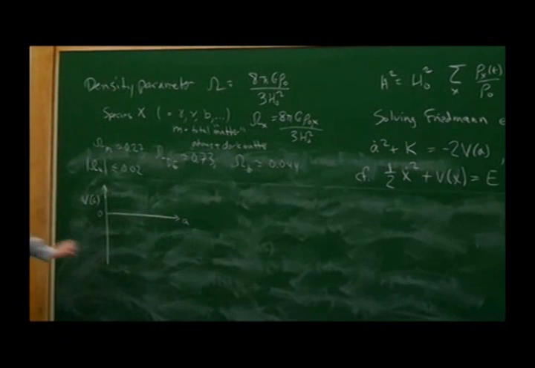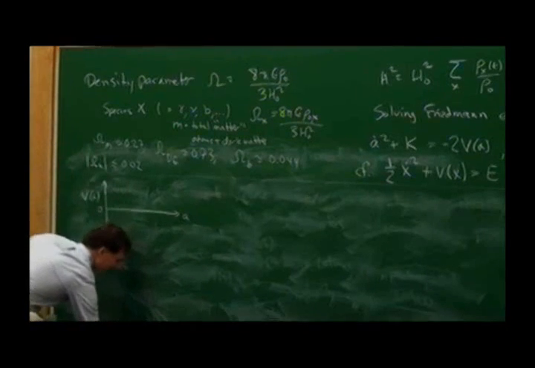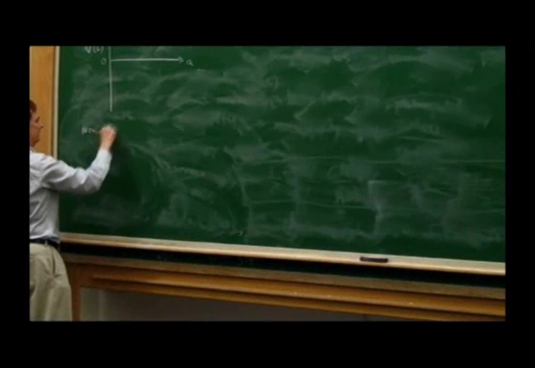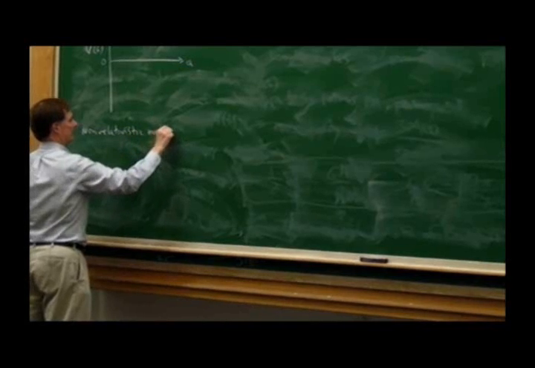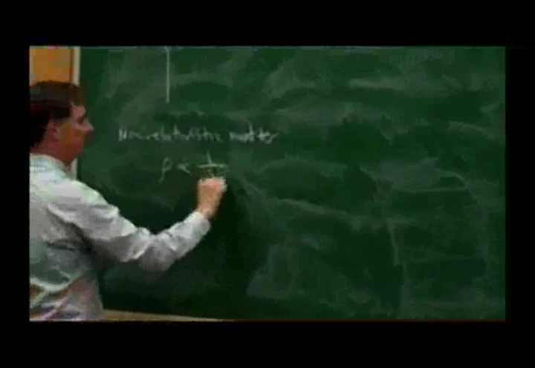One is non-relativistic matter, where rho is proportional to 1 over A cubed of T. Why is that?